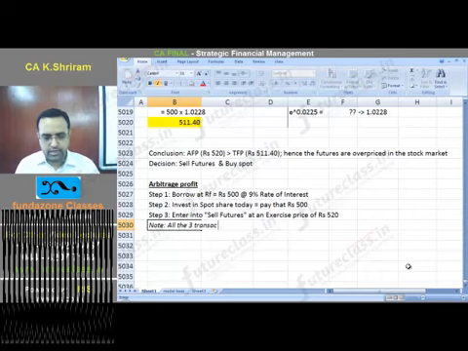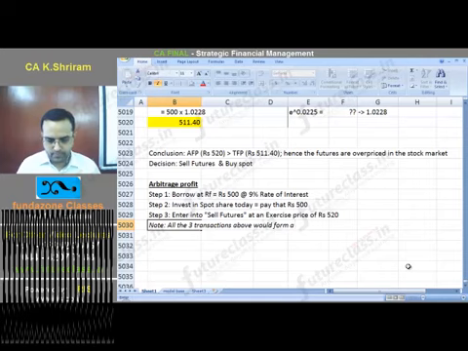All the 3 transactions above would form the arbitrage investment.